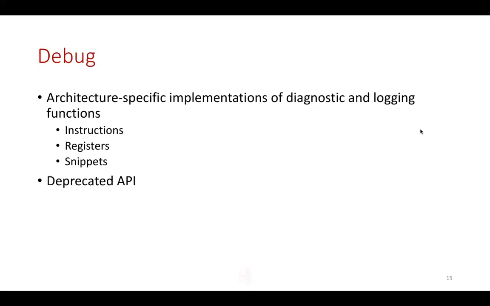And then the last thing I wanted to mention is the debug class. The debug story is we don't have the cleanest solution anymore. There's a lot of reasons for that, but if you've ever looked in one of the debug classes in a code generator, you'll find that there's a lot of stuff in there.